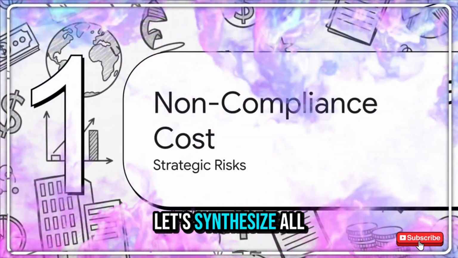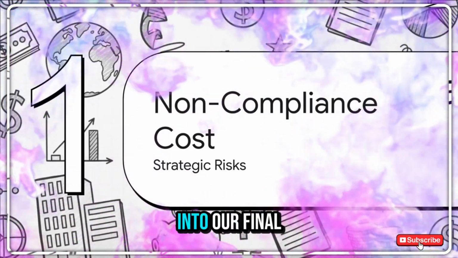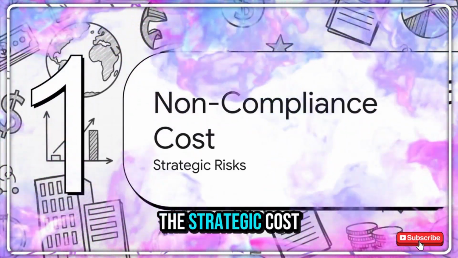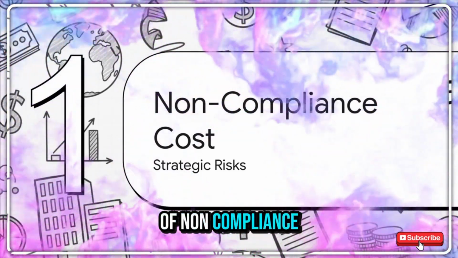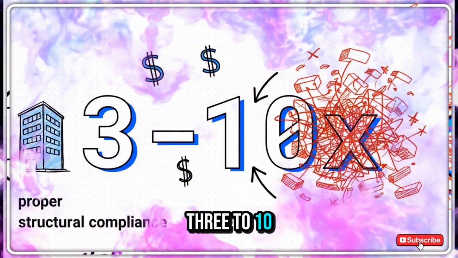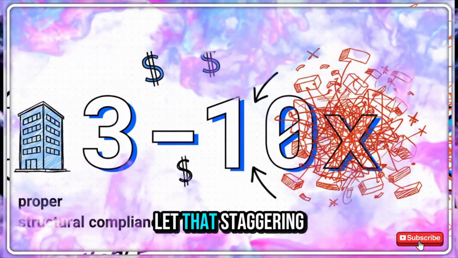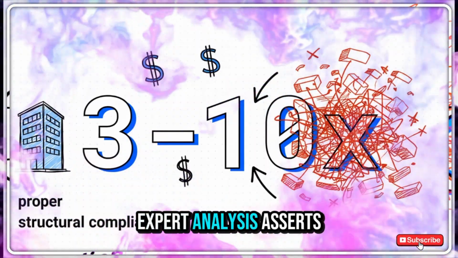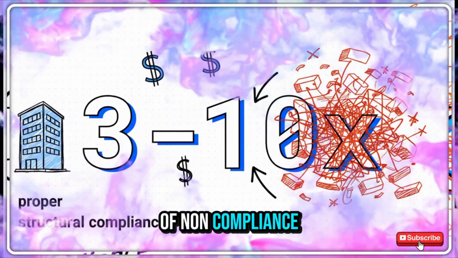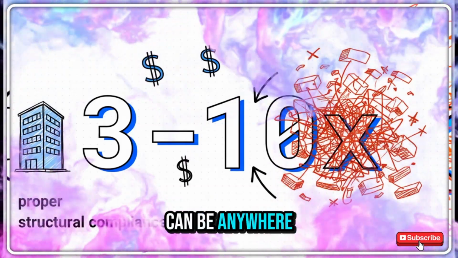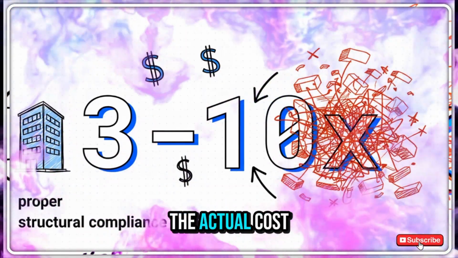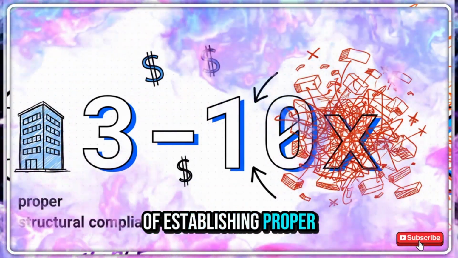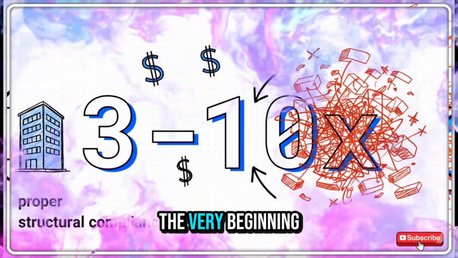Let's synthesize all these mechanisms as we head into our final section, the strategic cost of non-compliance. 3 to 10 times. Let that staggering figure sink in for a second. Expert analysis asserts that the cost of non-compliance in the U.S. can be anywhere from 3 to 10 times the actual cost of establishing proper structural compliance in the very beginning.